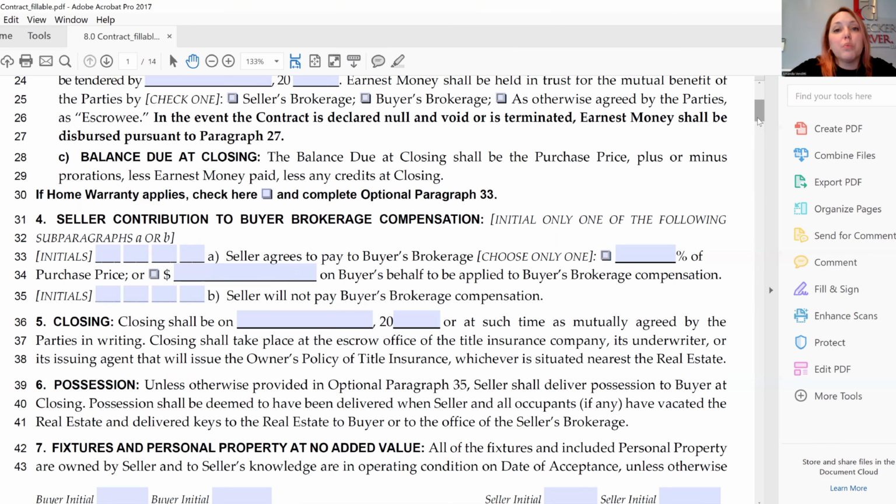The one thing I really want to point out is that if you are putting in a percentage, this is based off of the purchase price. Okay, so the percentage is off the purchase price, but the dollar amount won't move. So let's say you put in that you are doing 2.5% of the purchase price, and the purchase price changes for whatever reason.